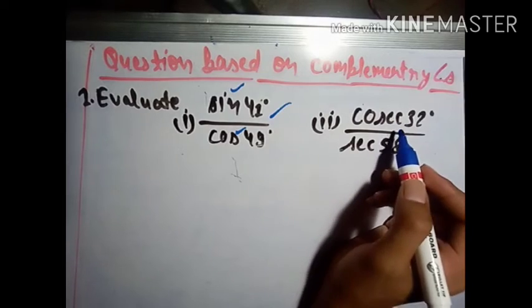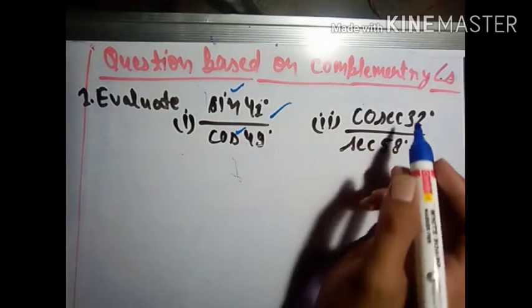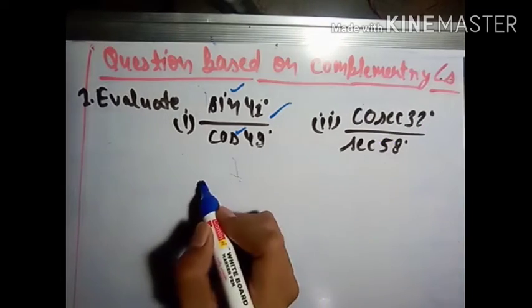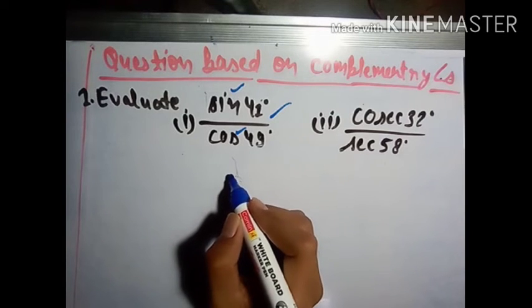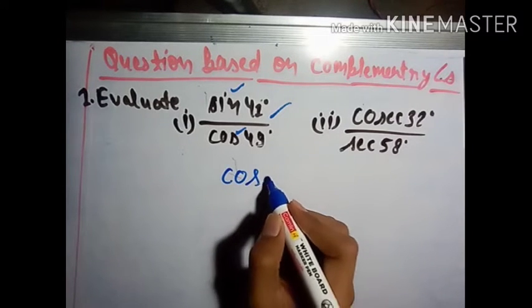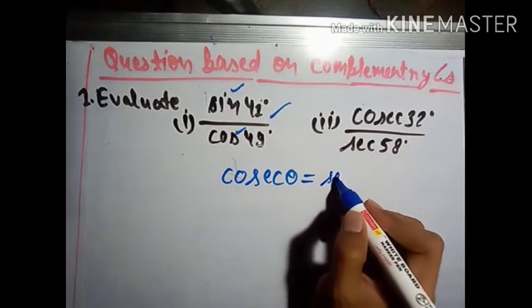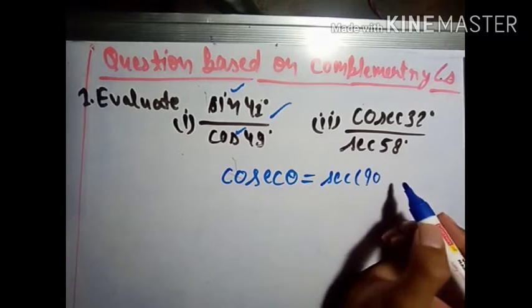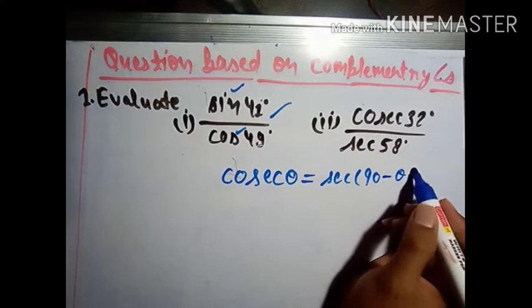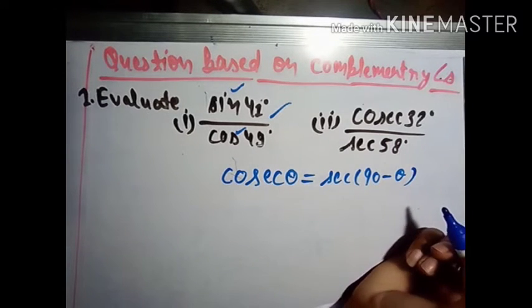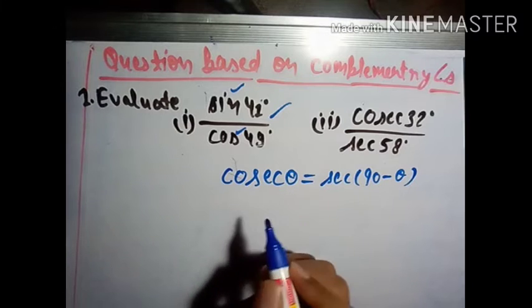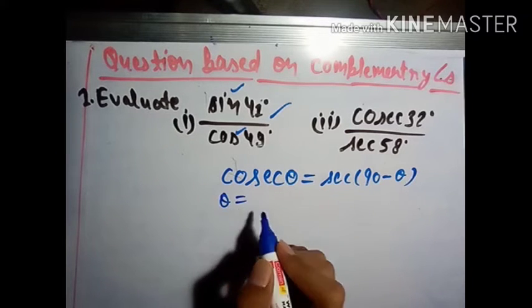For this we have a formula that I wrote, that I have calculated before. So let us see how to do it. Since we know that cosec theta is equal to sec 90 minus theta. Okay, now suppose this time I am taking theta as 32 degree.